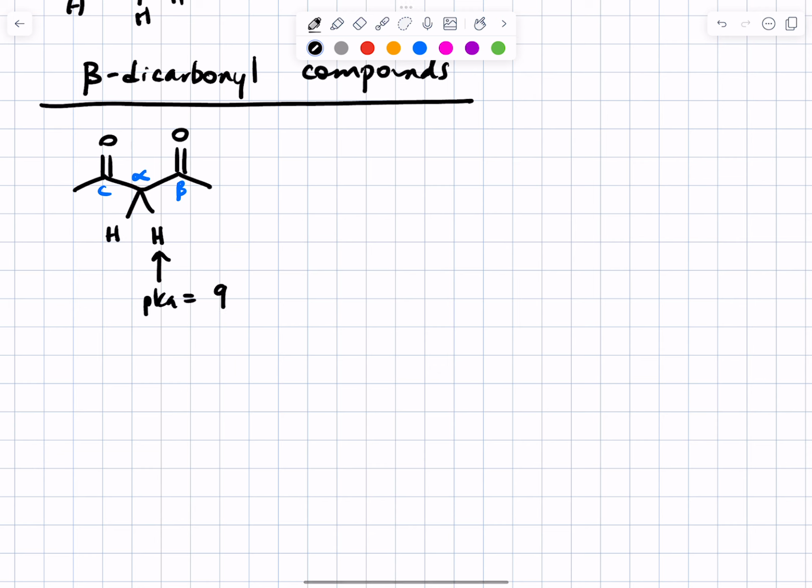So that's actually astonishingly low for an sp3 hybridized carbon-hydrogen bond. That's more acidic than an alcohol. That's even more acidic than an ammonium ion, than a nitrogen attached to 4 protons. That's something that you could totally and completely deprotonate even with hydroxide. And of course, the reason for that is, let's look at the conjugate base.